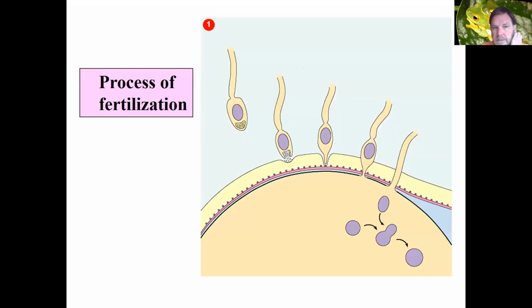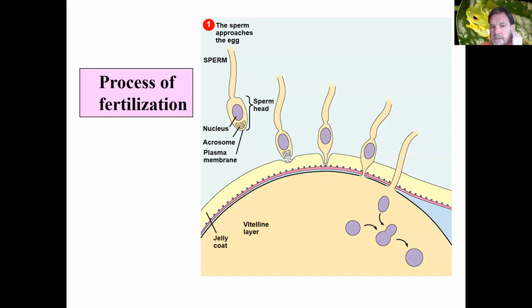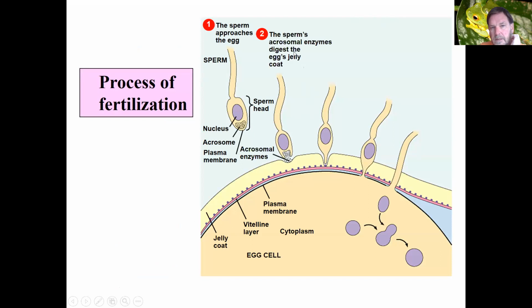During fertilization, you have the sperm approaching the egg. It has a fluid within what's called an acrosome that is going to be able to digest the egg's jelly coat. These enzymes allow the sperm to penetrate that jelly coat.